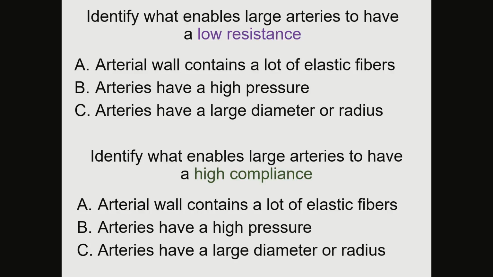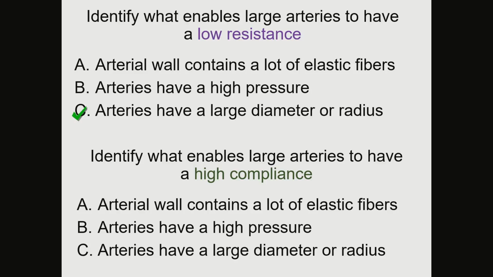And so it's because the arteries have that large diameter that they have a low resistance. It's the two R's. Resistance and radius go together. Okay? What is the difference between radius and diameter? Radius is half the width, diameter is the whole width, right? Just to make sure that you guys got that.